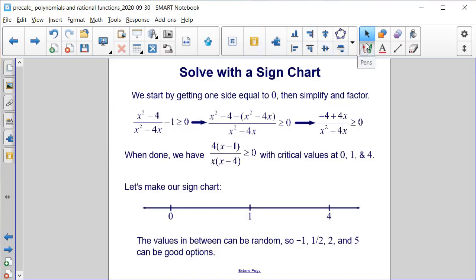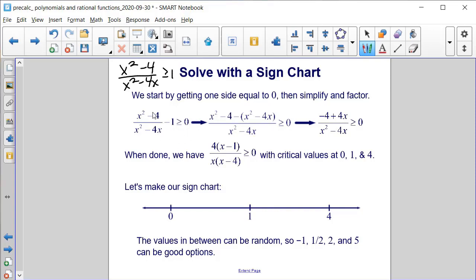The original one that we had to begin with was x squared minus 4 over x squared minus 4x greater than or equal to 1. So we have to take this 1 and subtract it to the other side to get this inequality related to 0. We subtracted 1 from both sides. Now it's in relation to 0.